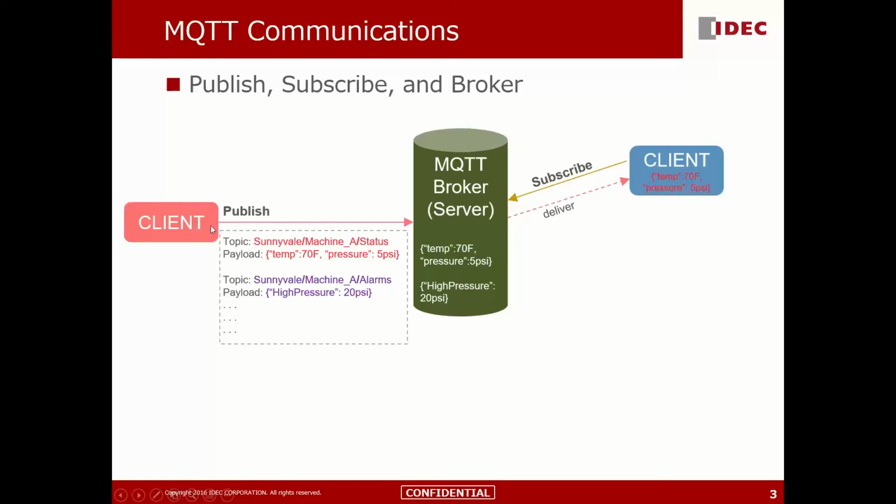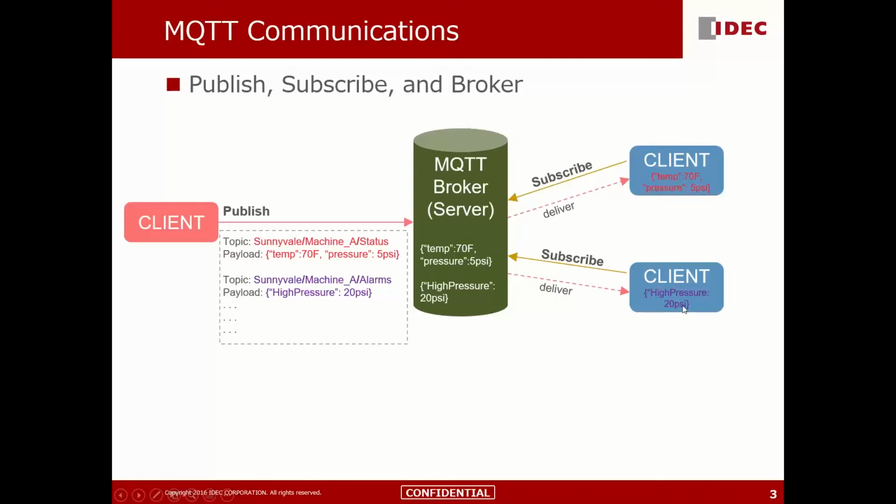So when this client publishes this information, and this client on this side is subscribing to that topic, then you will get the content, or basically the payload in there. So you get temperatures, you get pressure, and so forth. You could have another client publish to, let's say, the second topic, Sunnyvale/machine A/alarms. So when this client subscribes to it, you get this high pressures, the actual values of it.